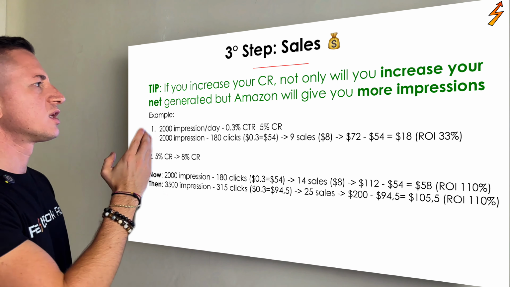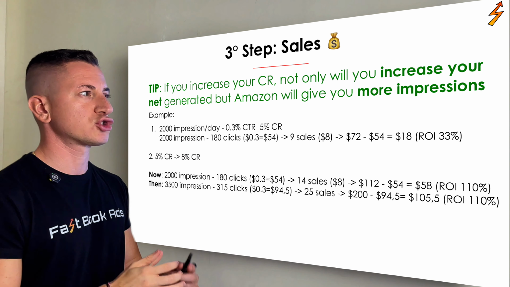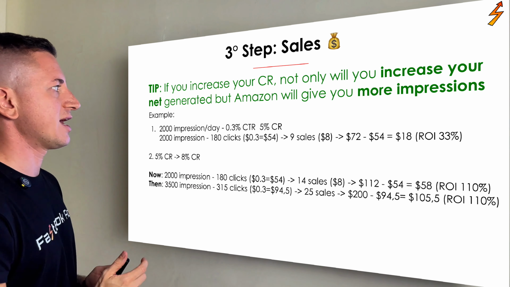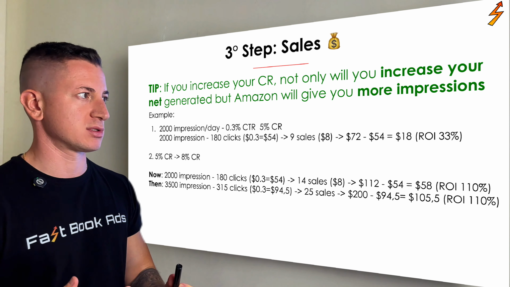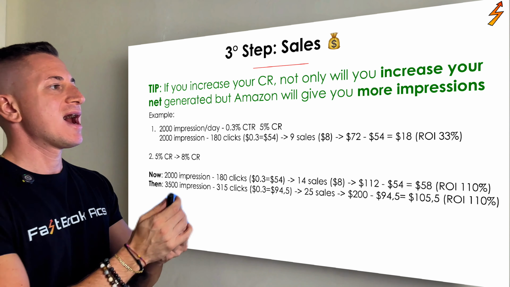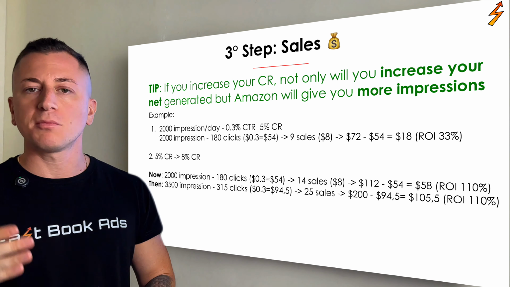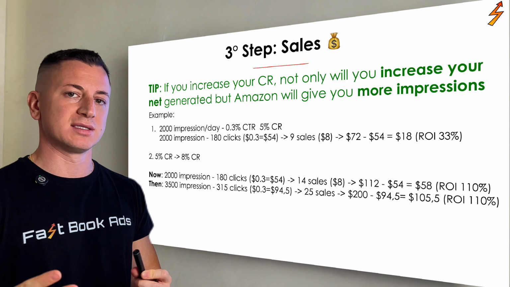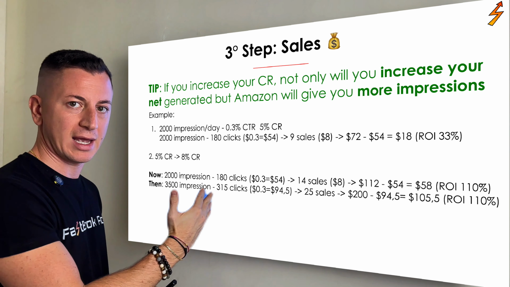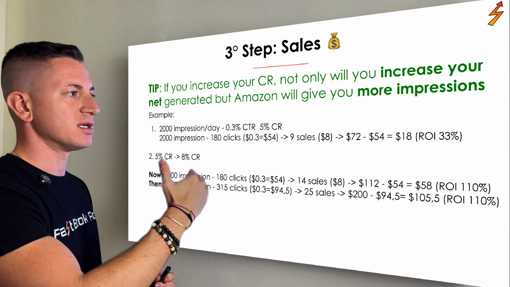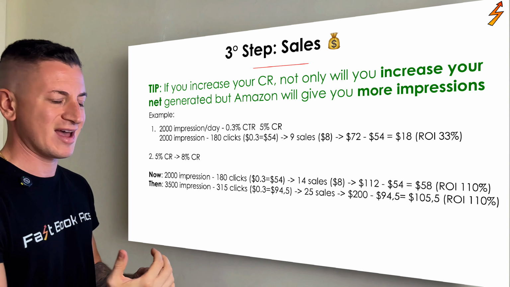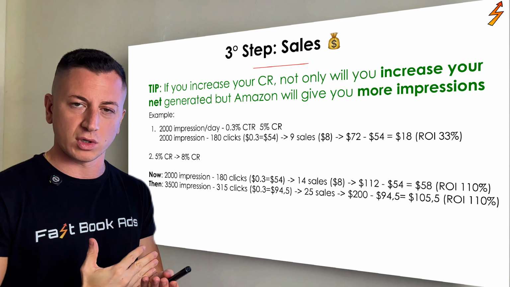Tip: if you increase your conversion rate, not only will you increase your net profit, but Amazon will give you more impressions. Why? Because Amazon earns more money from sales than from clicks and from our bids. So this is why it's very, very important to have a great book, okay?